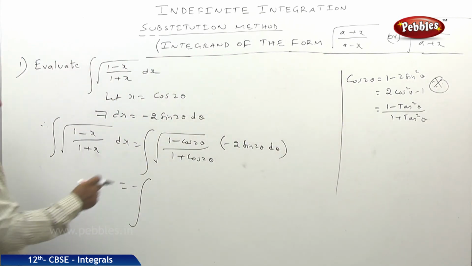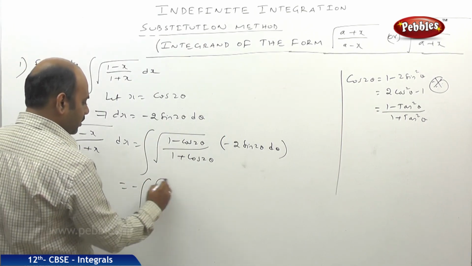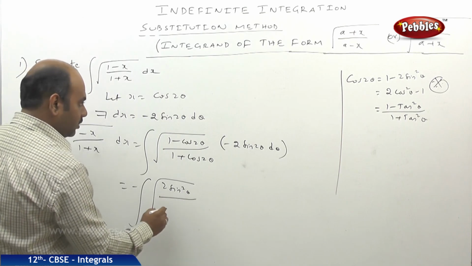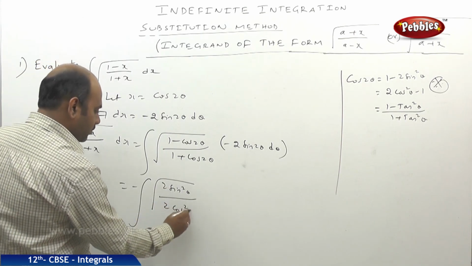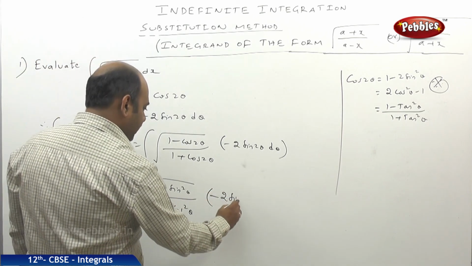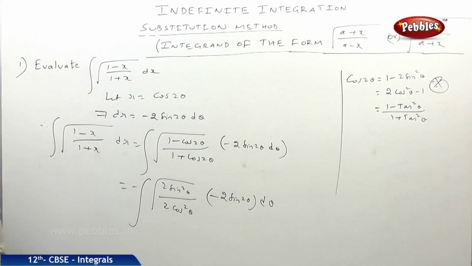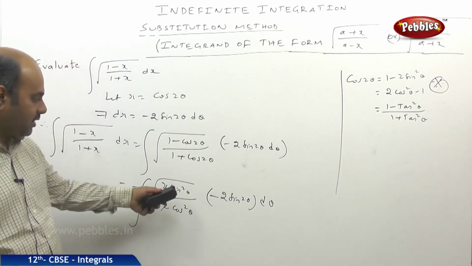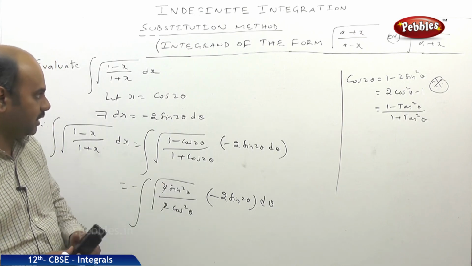So what happens? 1 minus cos 2 theta means under root of 2 sin square theta, and 1 plus cos 2 theta I can write as 2 cos square theta, and there remains minus 2 sin 2 theta d theta. So finally 2 will get cancelled. Sin square theta by cos square theta, under root, I can write as sin theta by cos theta.